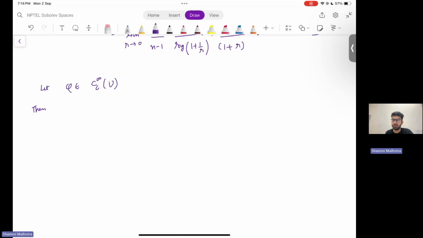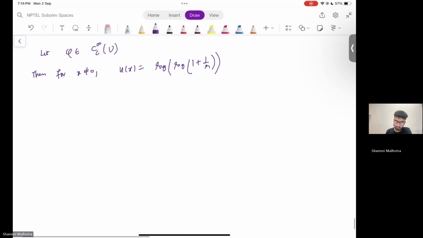So before evaluating the weak derivative, we know that whenever x is non-zero, u(x) is log of 1 upon 1 plus r, where r is mod x.